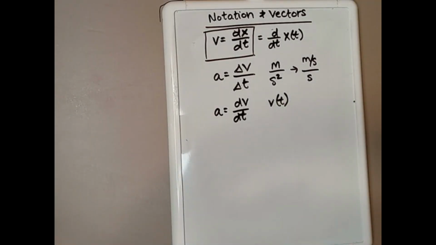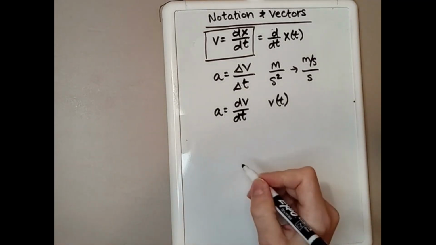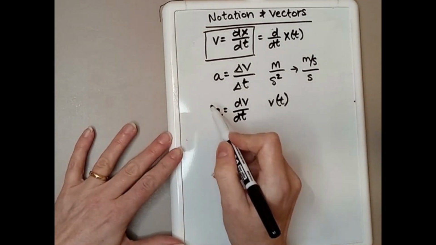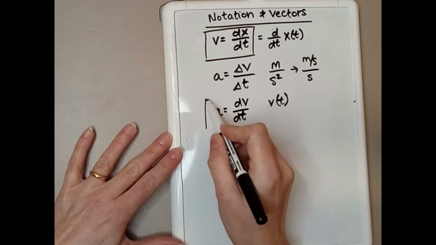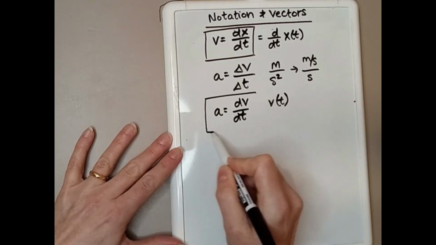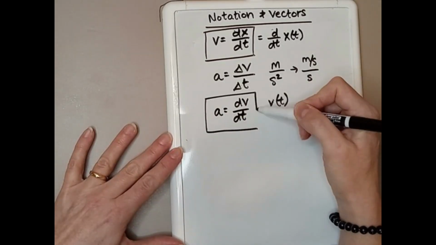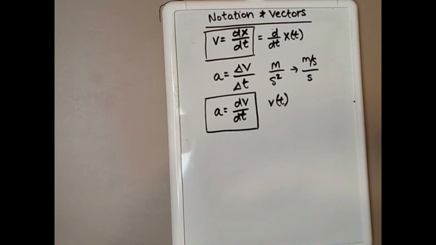Because once again, time is kind of our constant. It just goes forward, and velocity changes depending on time. So this is our second equation that we want to keep in mind, is acceleration is a derivative of velocity, or a equals dv dt.